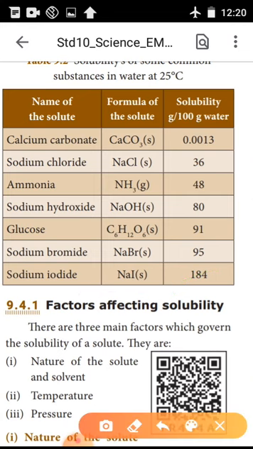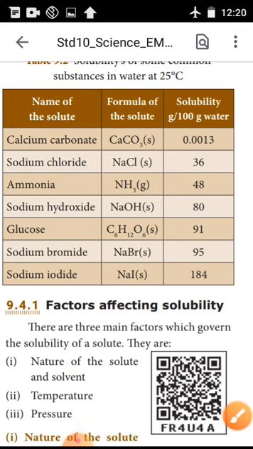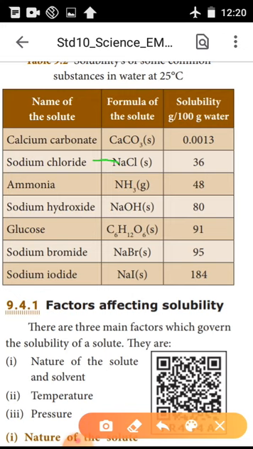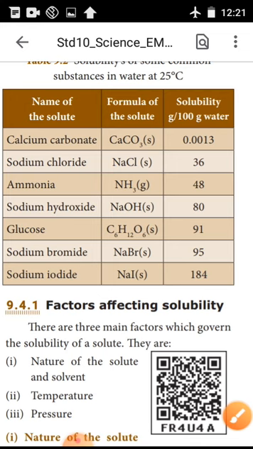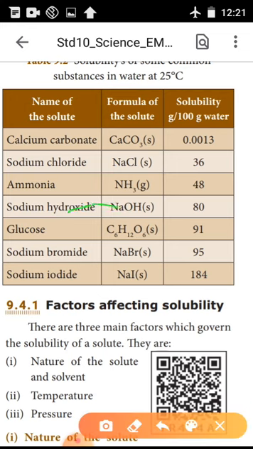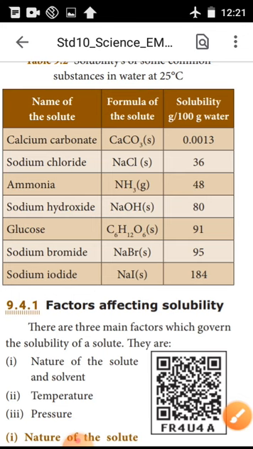And see the examples. Ca, that is calcium. C, carbon. O, oxygen. The next one, Na, sodium. Cl, chlorine. Then third example, N, nitrogen. H3, that is hydrogen. The next one, sodium hydroxide. Na is sodium. Hydrogen. O, oxygen. Let's see the glucose formula.